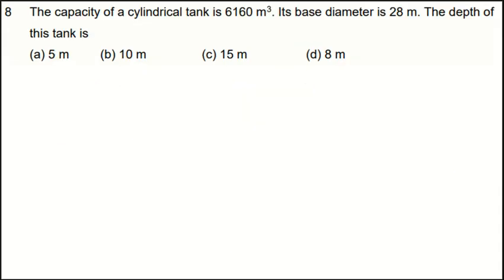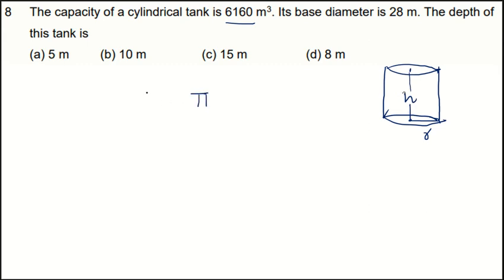Coming to question number 8, the capacity of a cylindrical tank is 6,160 meter cube. If its base diameter is 28 meter, the depth of the tank is. See, in a cylindrical tank, when you have got capacity given, that means volume is given. The base radius is r and the height is the vertical height h.